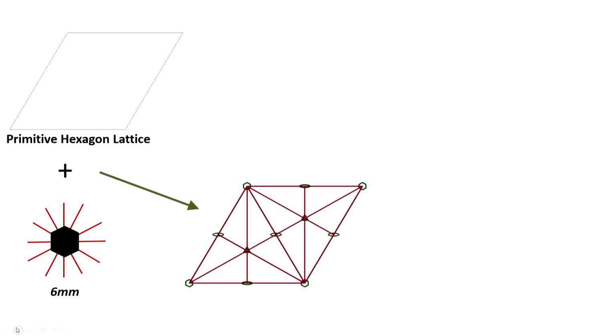I have put all the mirrors of the point group 6 mm into this diagram, and you can see that we have the rotational 6-fold axes at the corners, and we also have the 2-fold rotational symmetries in the center of the edges and the center of the cell.